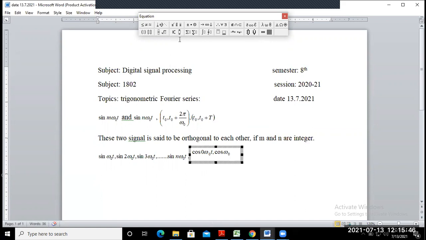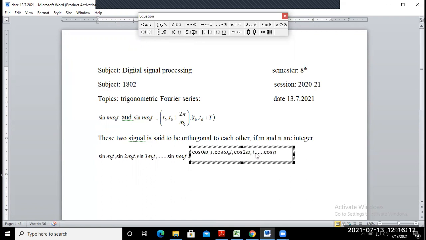Cos omega naught t, cos 2 omega naught t, up to cos n omega naught t.